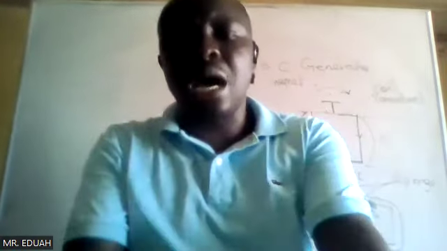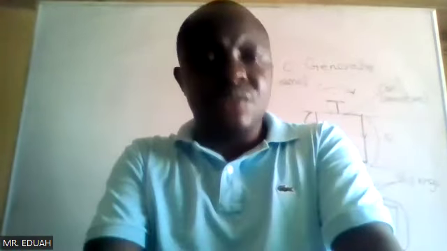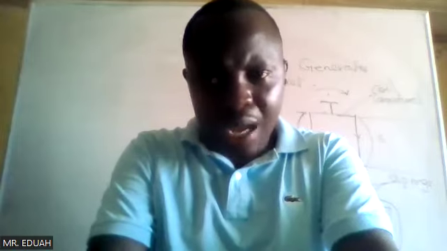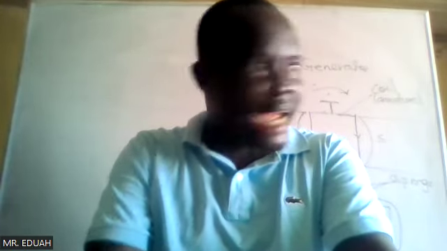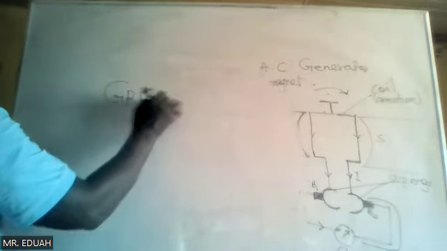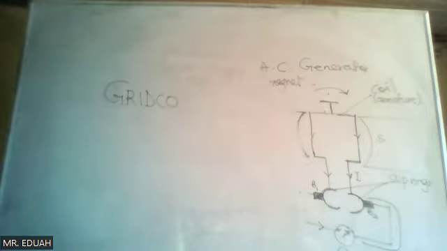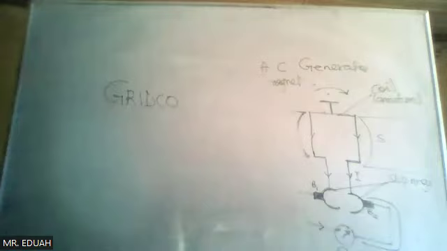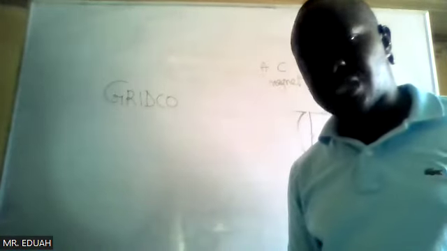Then, when it is generated, it is transported by GridCo. If you've heard of GridCo, it is responsible for the transmission of power. So VRA produces it and it is transmitted by GridCo.